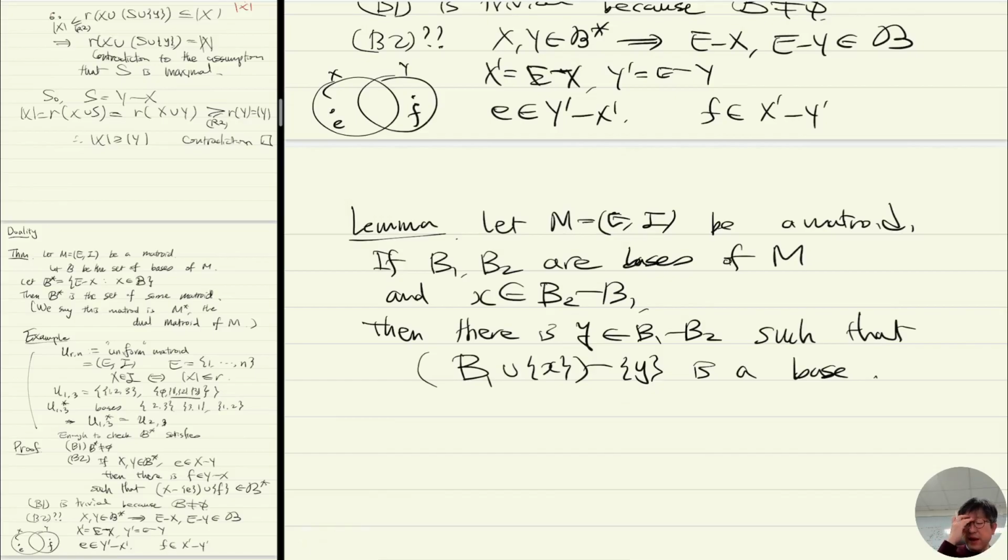If you take x as E and B1 as X prime, B2 as Y prime, then this is what you get. So this is exactly the lemma that we need.